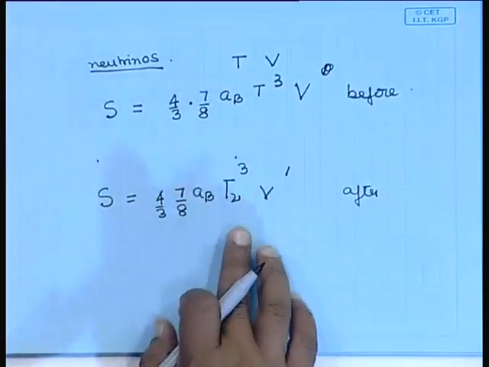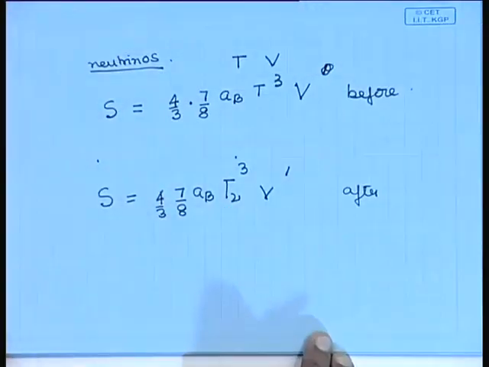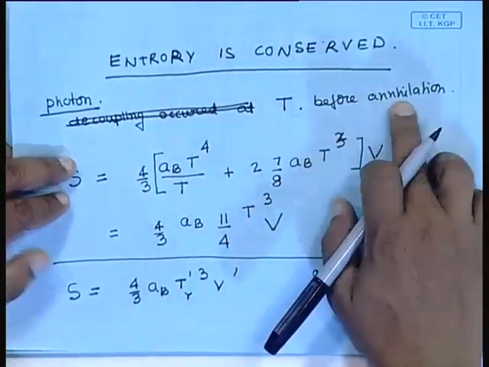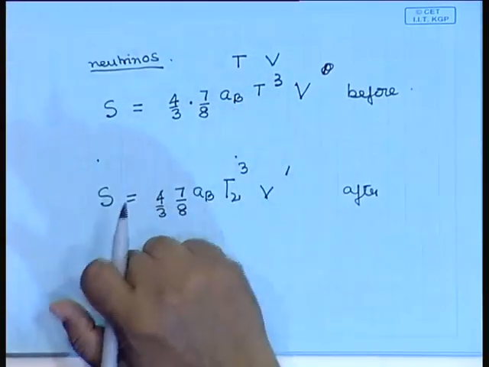So the neutrino temperature at the same instant as this, we are denoting by T neutrino. Okay, so at this instant before annihilation, they both have the same temperature, the neutrino and the electron positron.